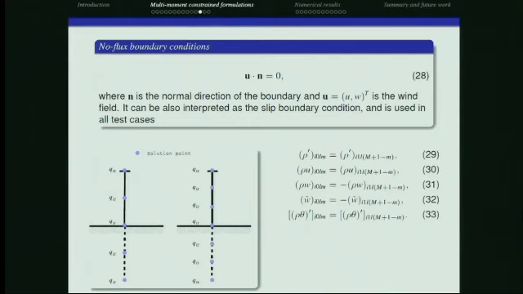We just copy, for example for scalar quantities, copy symmetrically. But for the normal velocity component, we have to use a minus sign, like a mirror image: when the real one goes in, the image goes out.